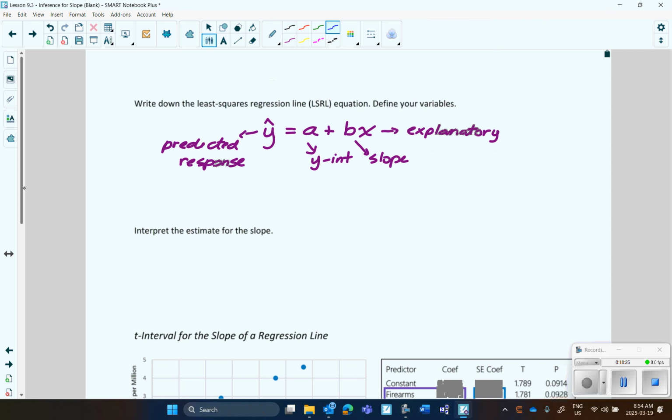That is, y hat equals the y-intercept of 0.91618 plus the slope 0.04675 times x, the value of the explanatory variable.